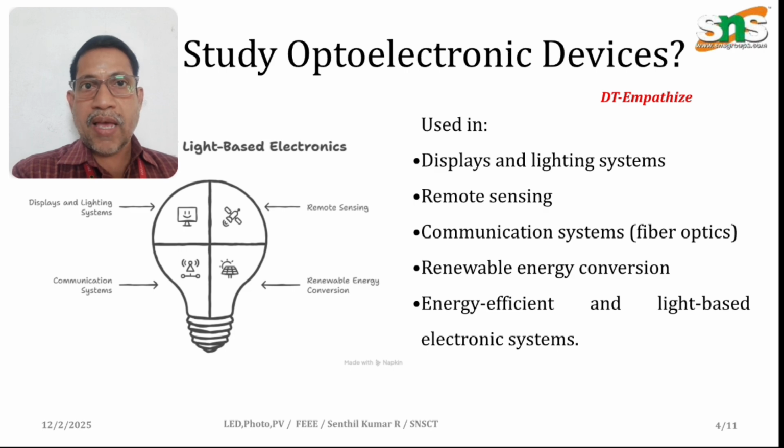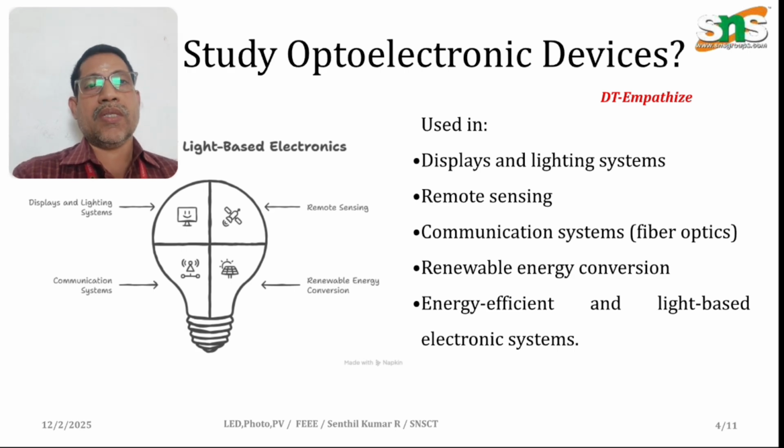LED TV is there and LCD TV is there, right? Therefore, the purpose is displaying values, as display devices. All digital display devices in your vehicles, two-wheelers or four-wheelers, work with the help of LCD.